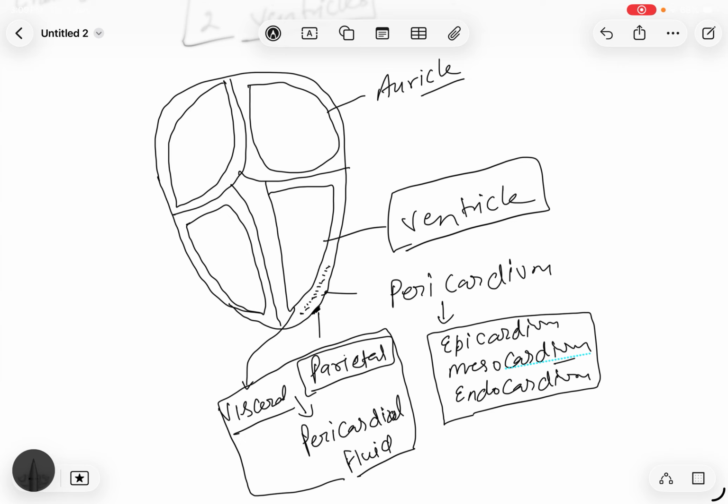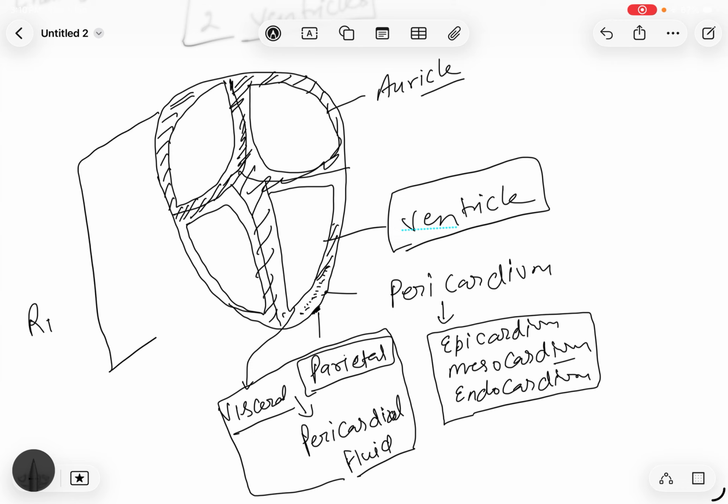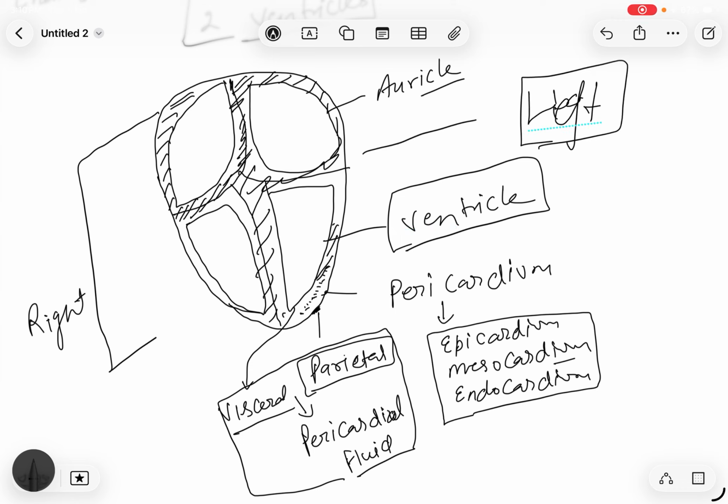Now we get to know about these. These are the boundaries of the heart, and these are the auricles. This side is known as the right, and this side is known as the left.